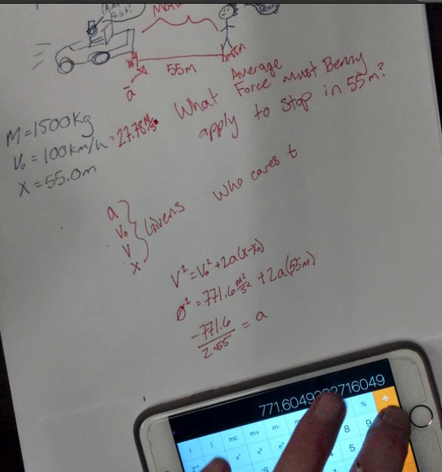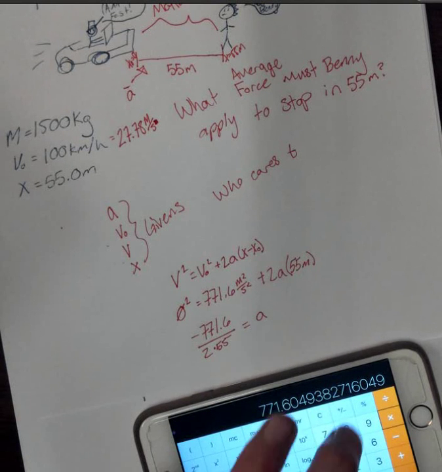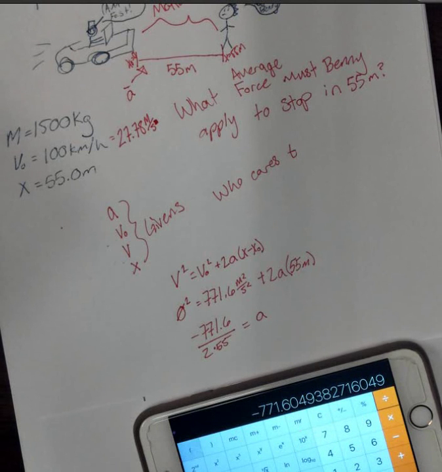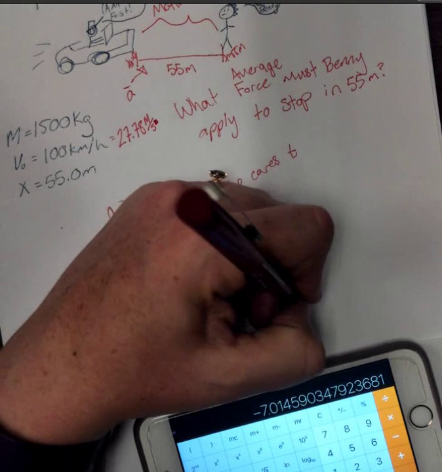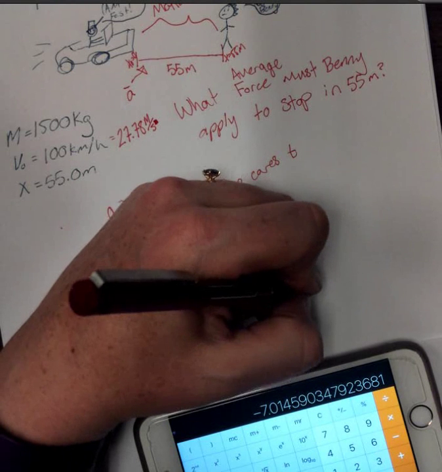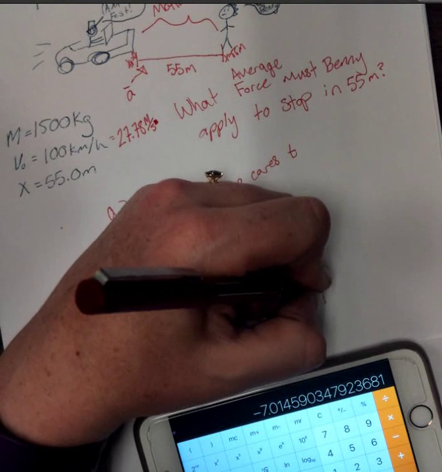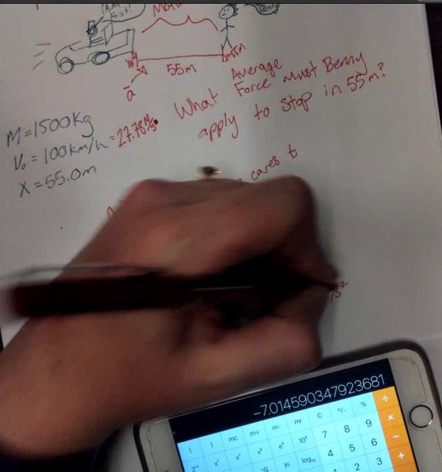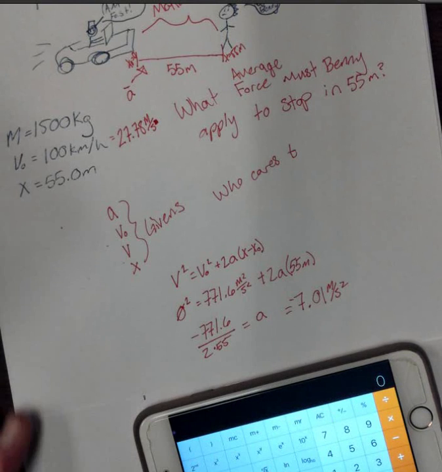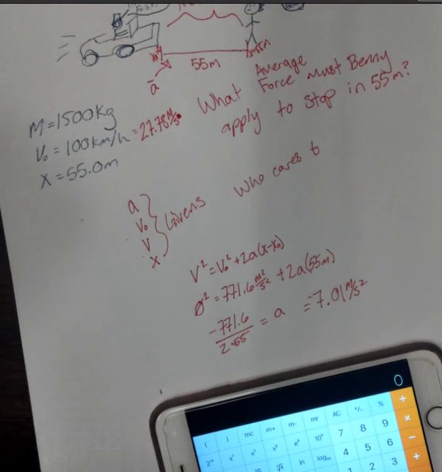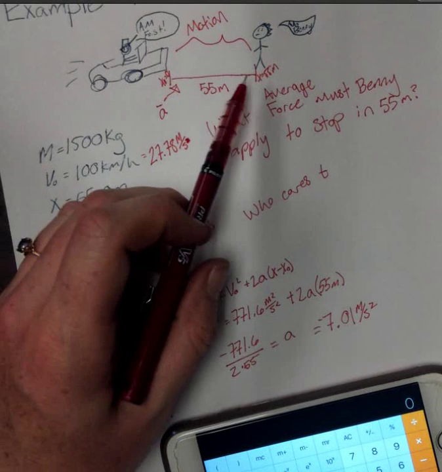So that's a negative value, and I'm dividing by 2 times 55, and I get an acceleration of negative 7.01 meters per second squared. Two significant figures is fine, so I could have said 7.0. And now I have the average acceleration that Benny must have in order to stop.